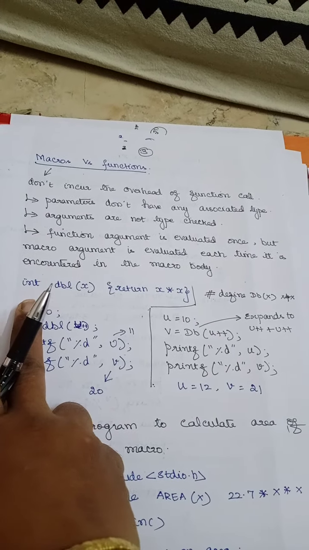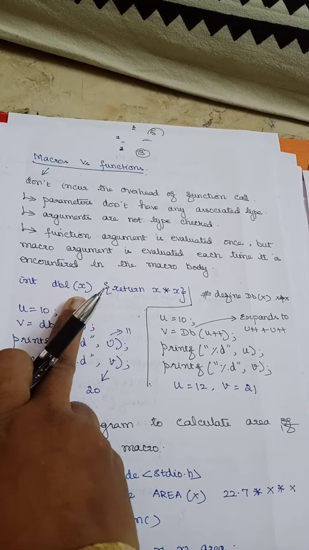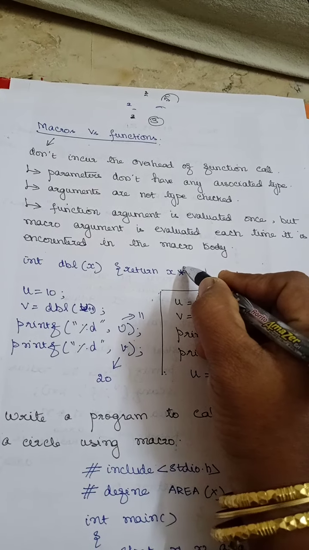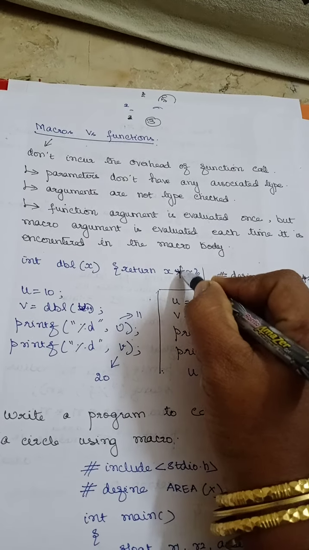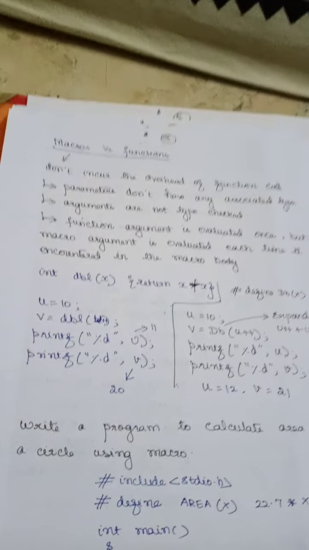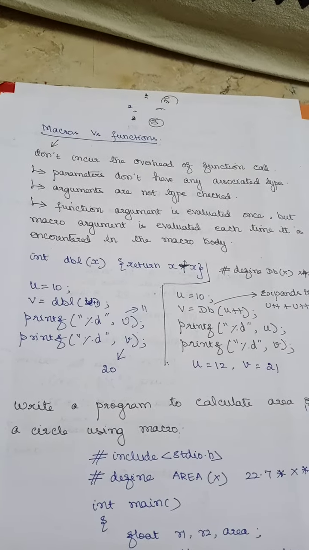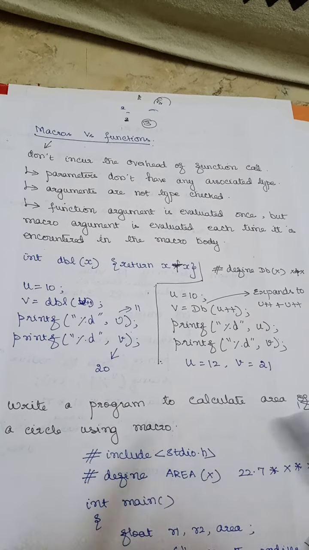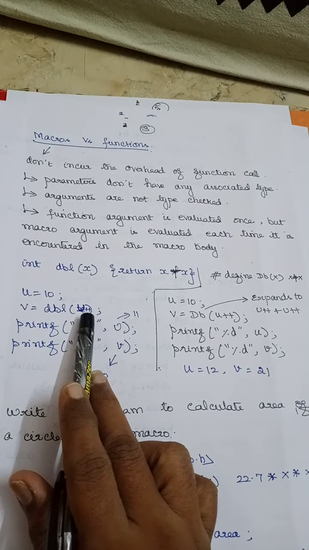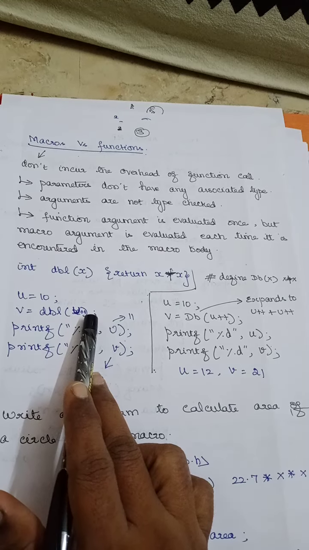So here this is going to be the function, int double x. So here it is going to be the plus sign, right? I made a mistake, so it is a plus. So x plus x, right? So here u equal to 10 and v equal to double of u plus plus. So u plus plus means what?